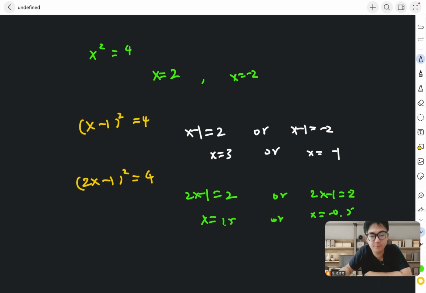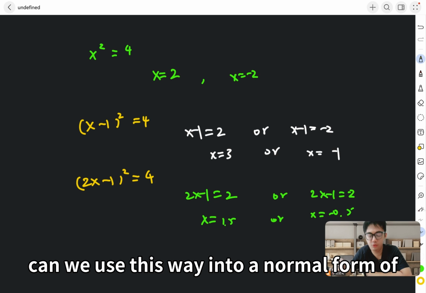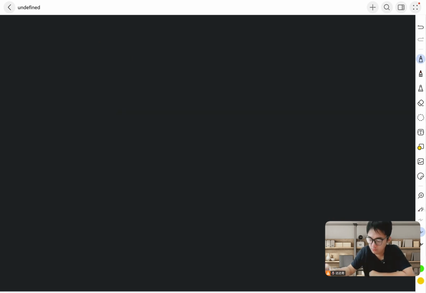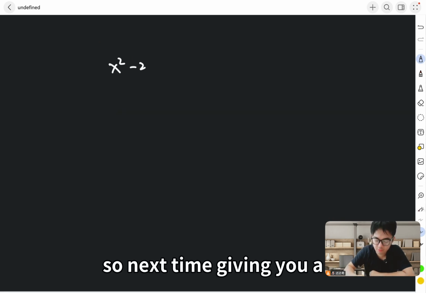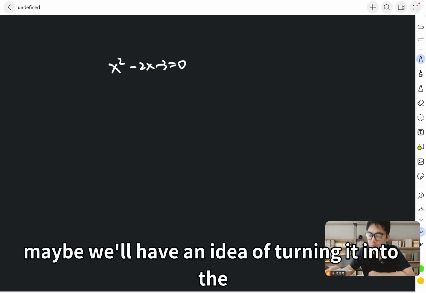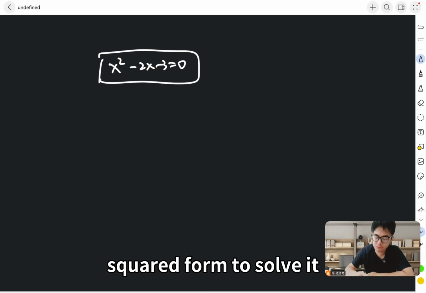But think of it, can we use this way on a normal form of a quadratic equation? Next time, given a general form like this, maybe we'll have an idea of turning it into the squared form to solve it.